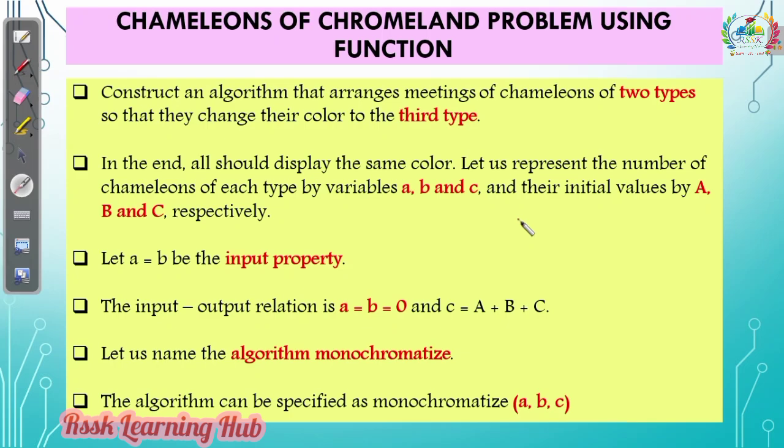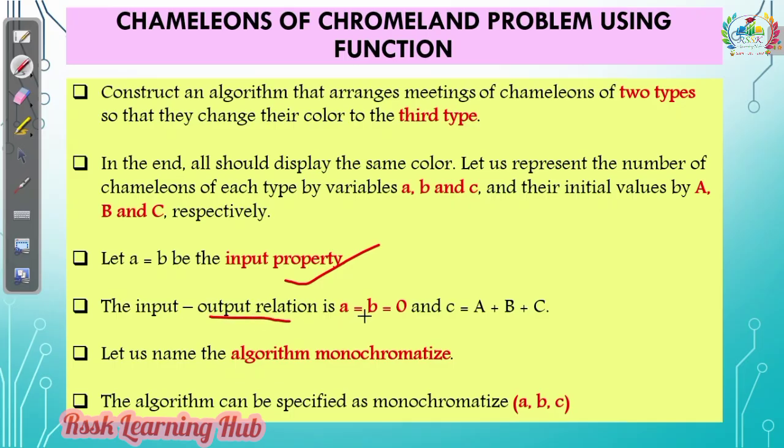Now see, A equal to B. That is, the first two chameleons are equal in number. That is your first input property function. Now, how will the output relationship result?